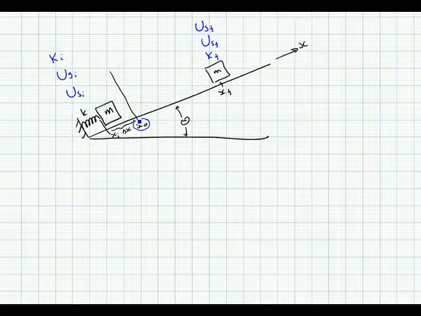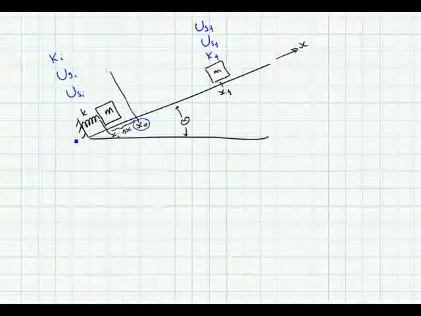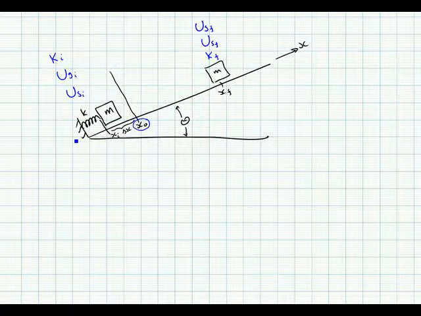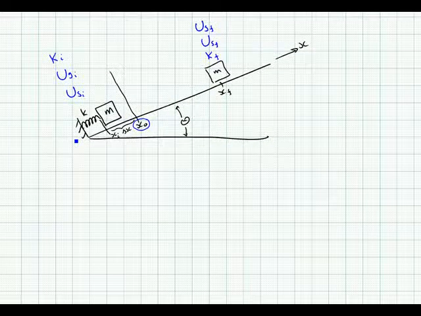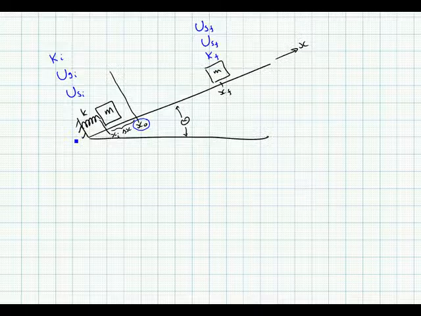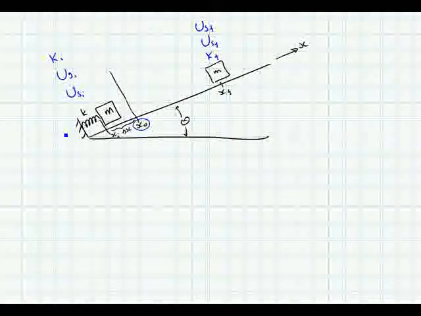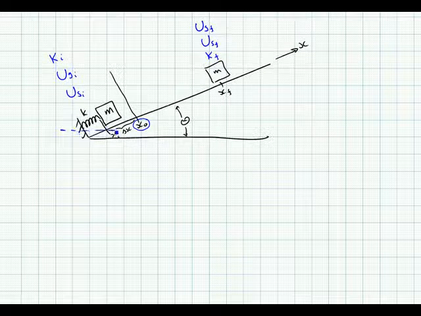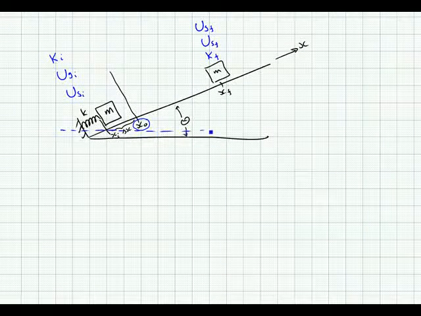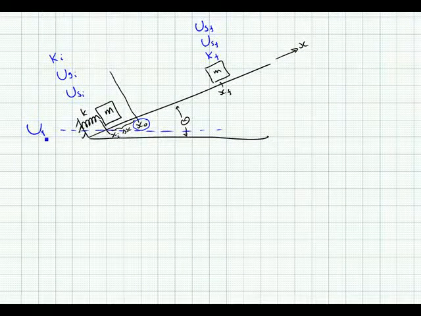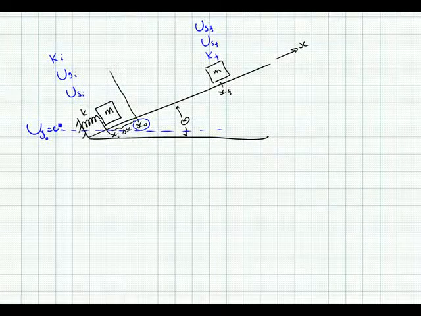We also need to define our zero gravitational potential level, and in this case, let's define the initial position that the object's at as our UG0.